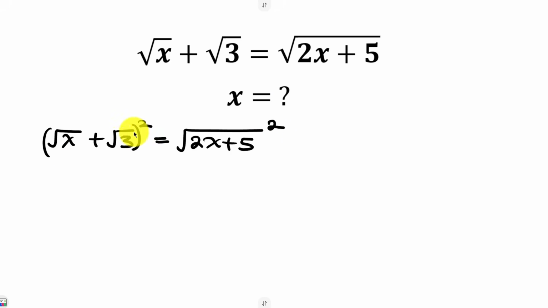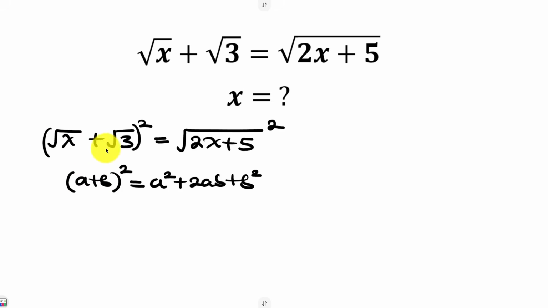Now, the left-hand side is of the form (a plus b) all squared. And the identity will be a squared plus 2ab plus b squared. So this is what we got from squaring what we have here. Now, following the same identity, let's square here.